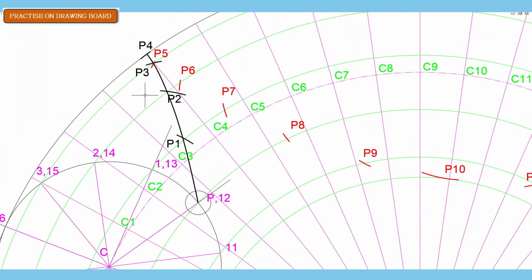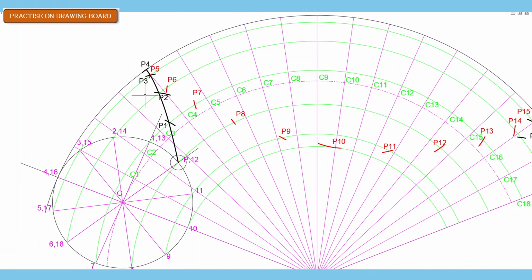So that is going to be our first part of the arc, or the first part of our hypocycloid.